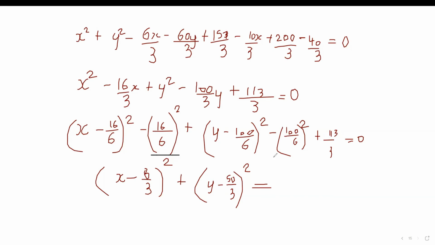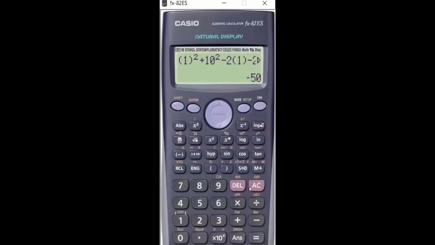We're going to put it in our calculator. Putting it in the calculator, we're going to have (16/6)² plus the next part, (100/6)².